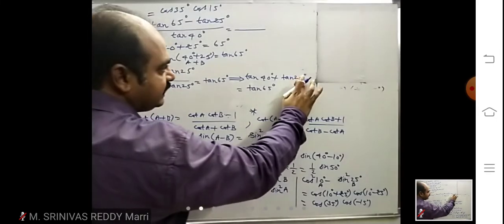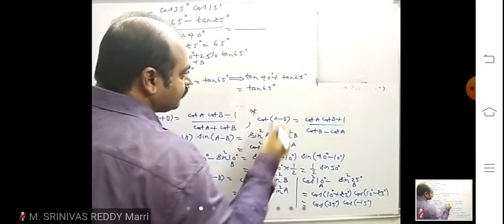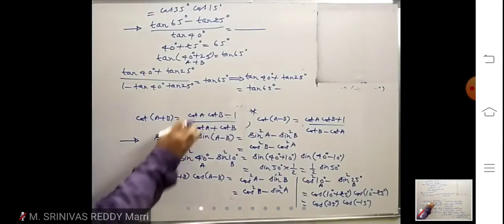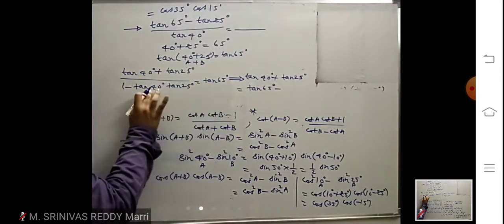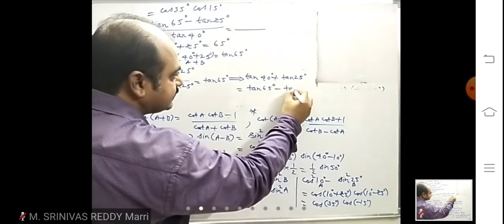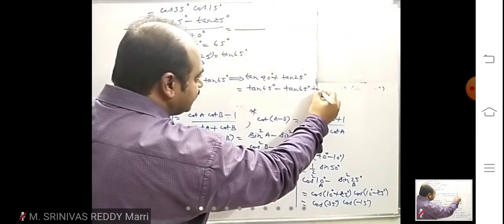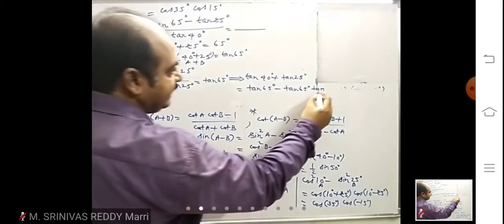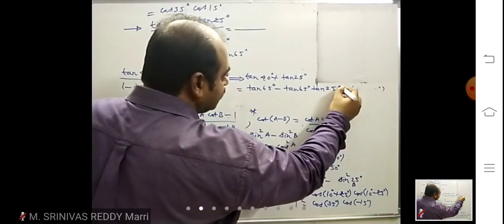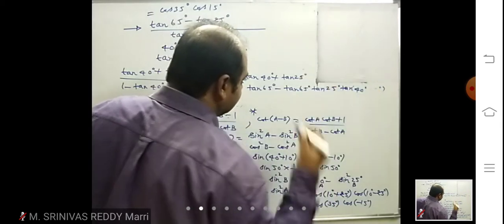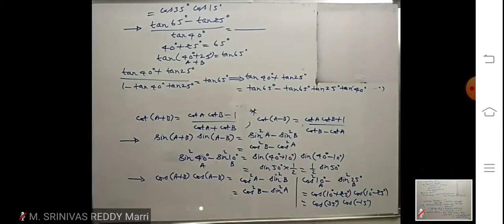Okay, this is 25. Now look at 1 into tan 65 minus tan 65 into these two. I am writing like this: tan 65 degree into tan 25 degree into tan 40 degree. Just multiply.